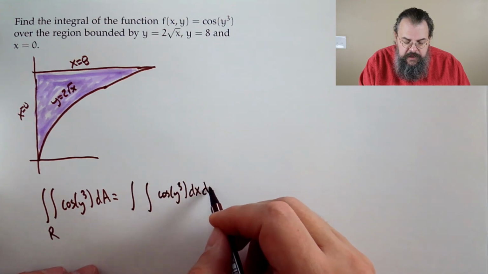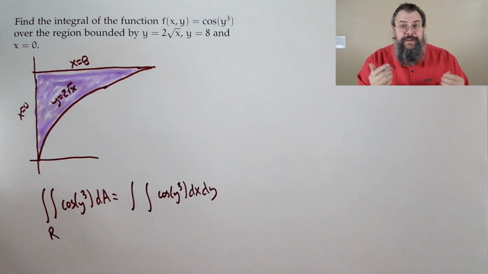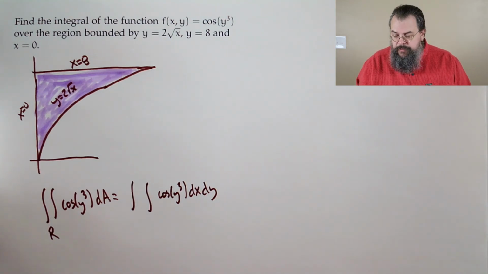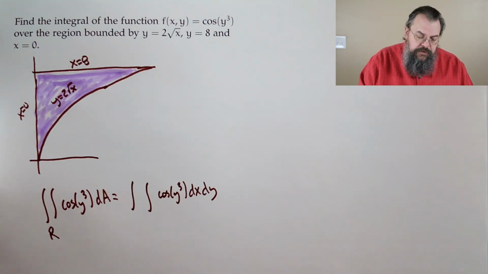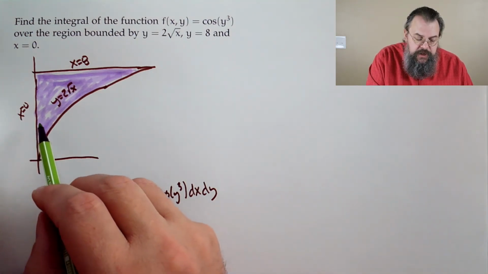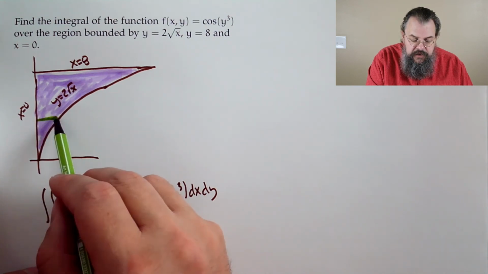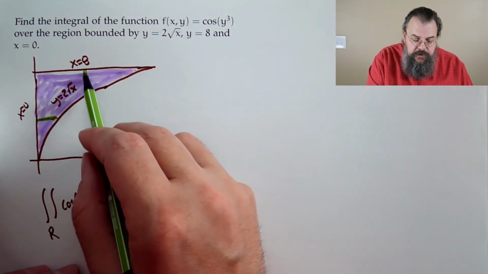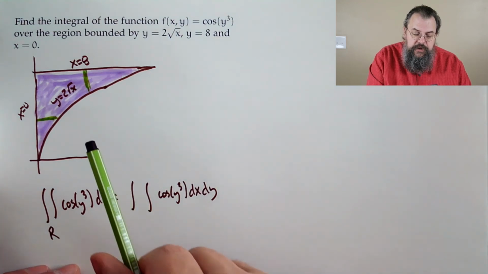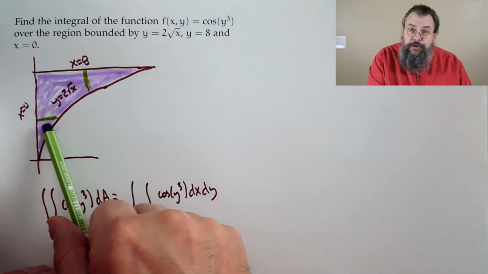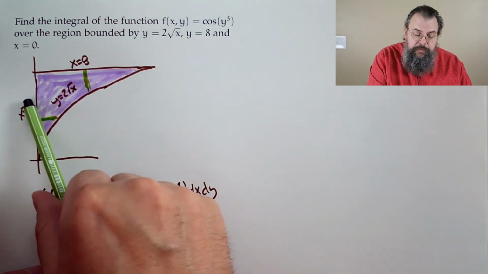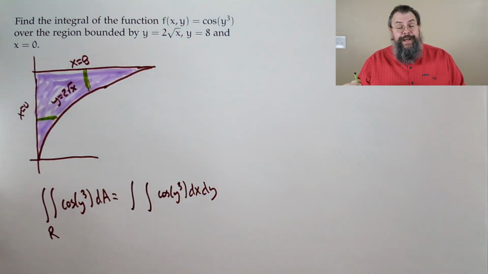Now I said there's the function, tells you integrate with respect to x first, but there's also the region is suggesting integrate with respect to x. It's a weaker suggestion, but if you think about what's happening, if you do dx dy, that's your horizontal slicing. If you do dy dx, that's vertical slicing. And if you look, you say, hey, if I do horizontal slicing, one of my bounding curves is 0.